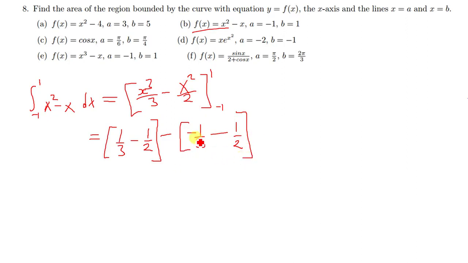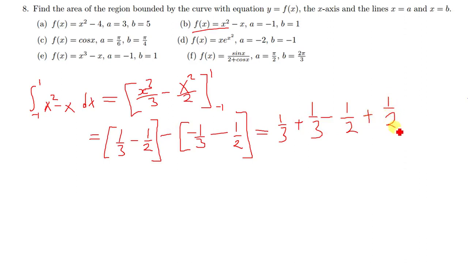So when you open the brackets of this negative, you are going to have 1 over 3, then plus 1 over 3, then negative 1 over 2, then plus 1 over 2.